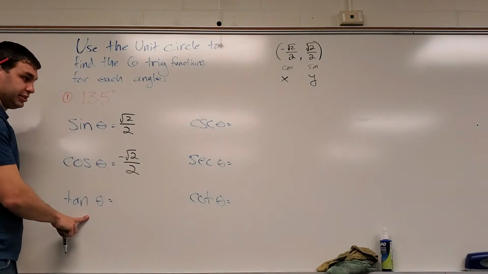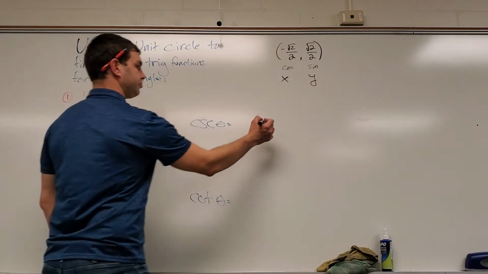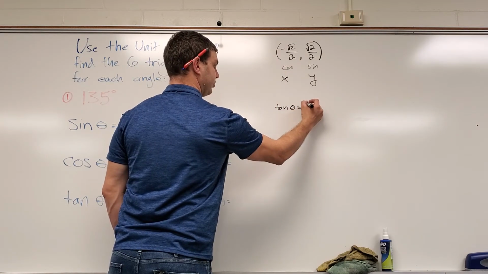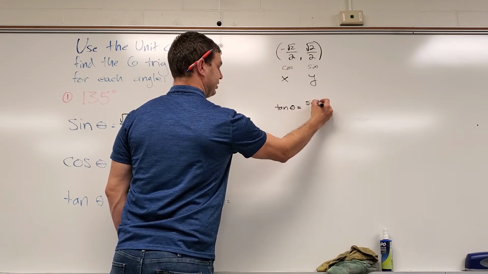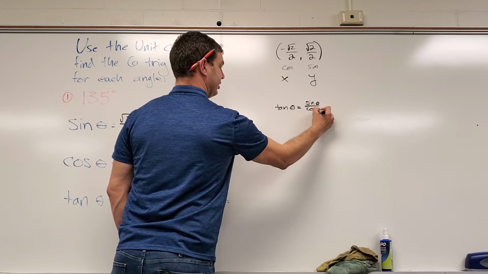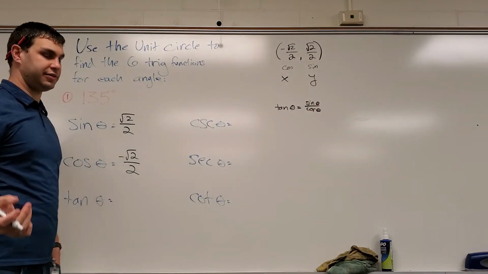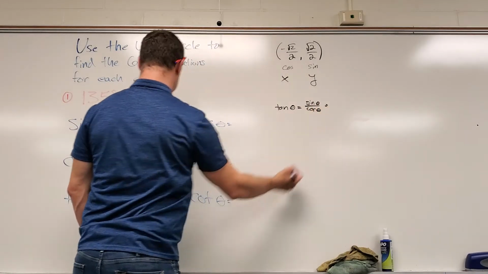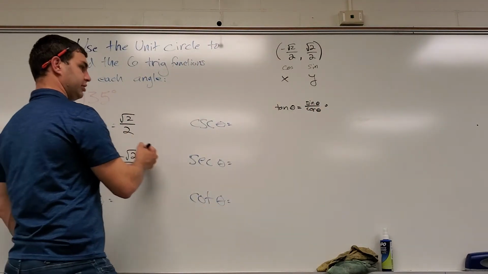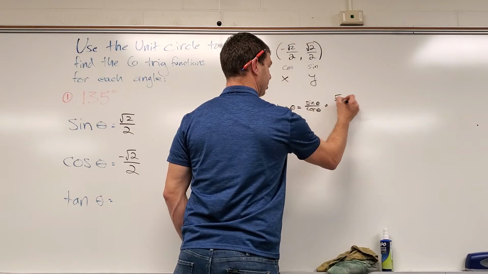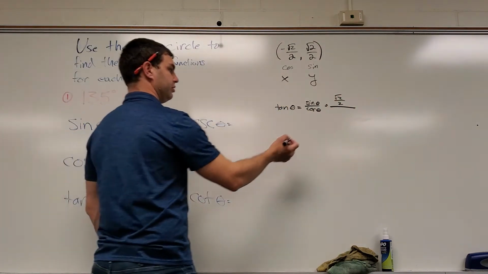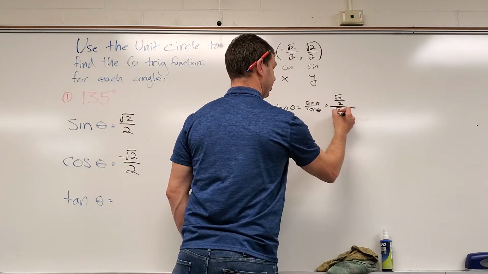Okay, so tangent, remember, off to the side, we're going to say tangent of theta equals sine of theta over cosine of theta. And so because of that, this is going to be sine, square root of 2 over 2, divided by negative square root of 2 over 2, cosine of theta.